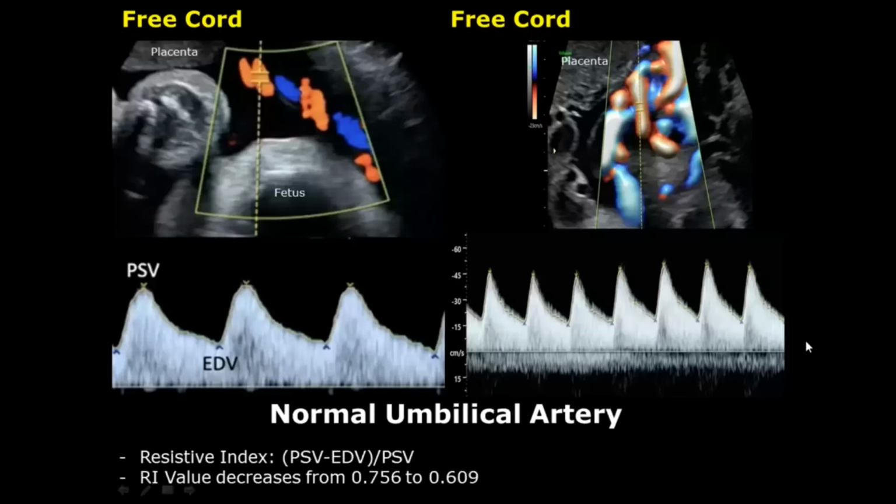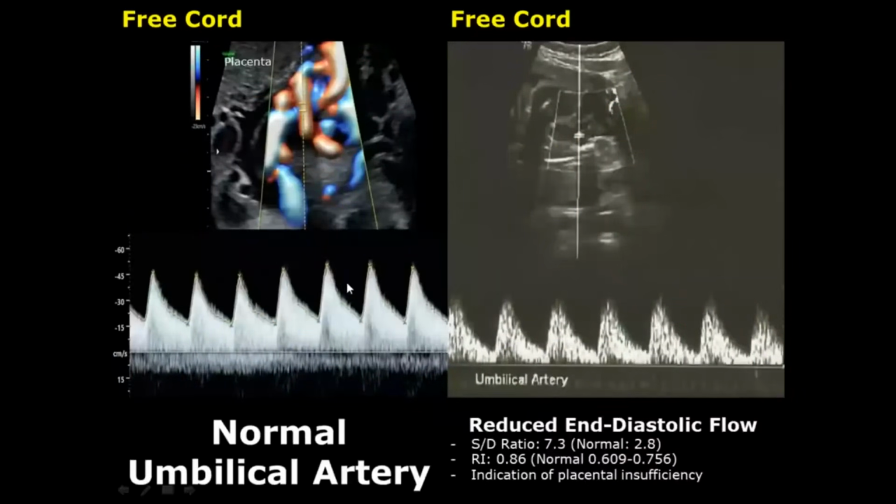The resistive index is calculated by this formula, PSV minus EDV divided by PSV. It also decreases over time. Now we will compare the normal spectral Doppler to the abnormal spectral Doppler of umbilical artery.